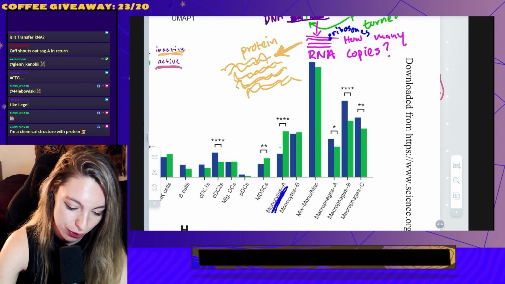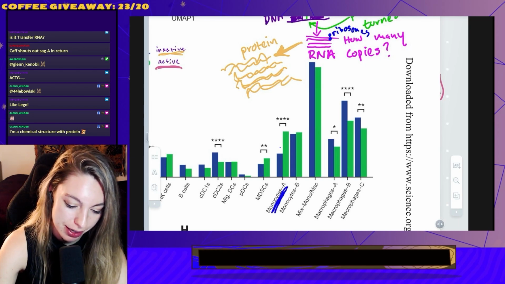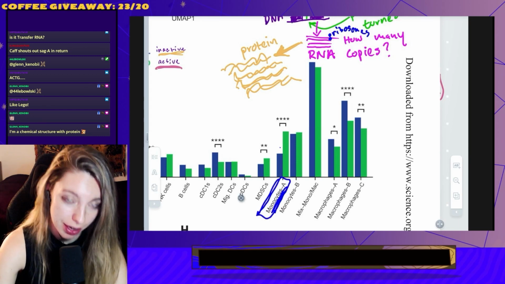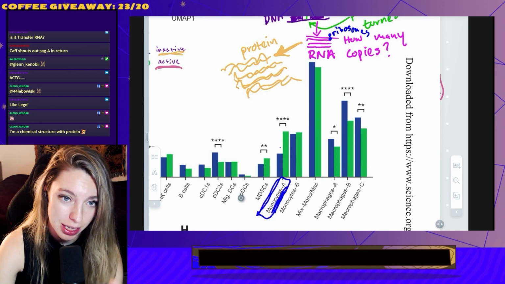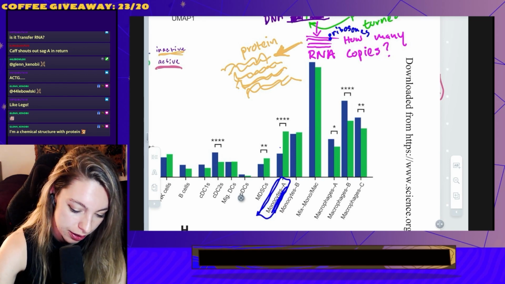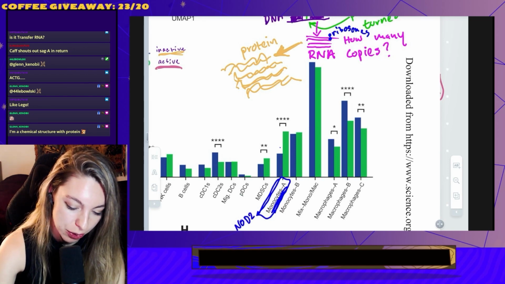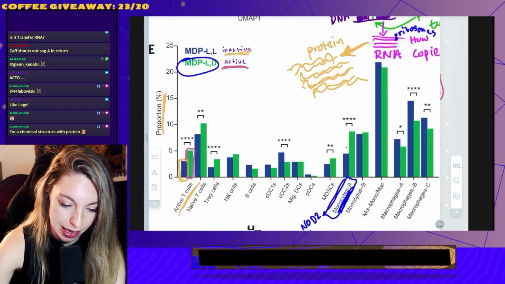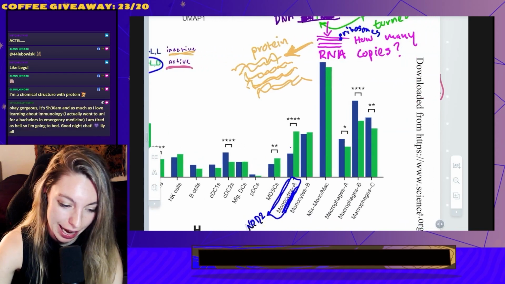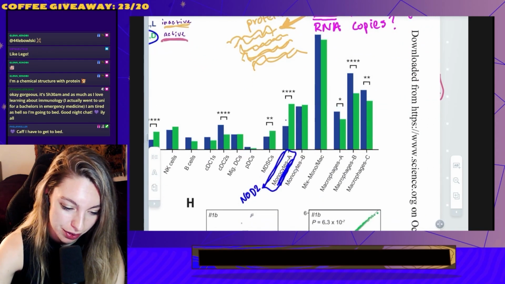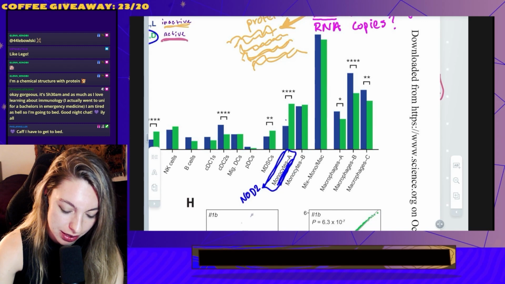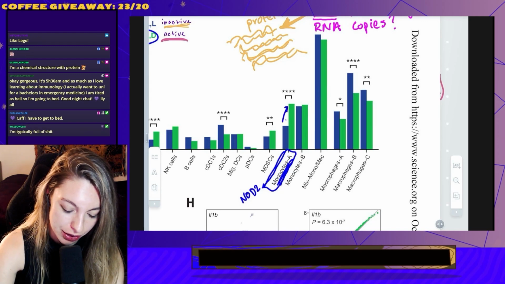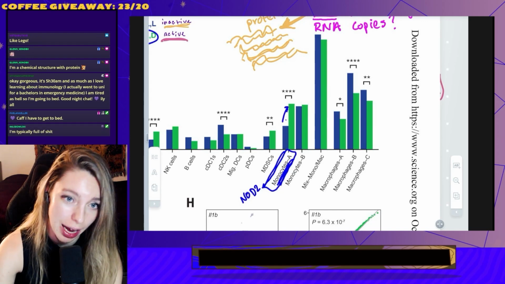Monocytes are not always good for cancer, but I think these ones might be because they said that there was a class of monocytes in the cancer that was expressing a lot of NOD2. And remember, NOD2 is what's binding to the peptide MDP, and MDP-LD is the active isoform of the peptide. And so they see that when they add the active form of the peptide, there's more of these ones, which I don't know, it could happen before or after.